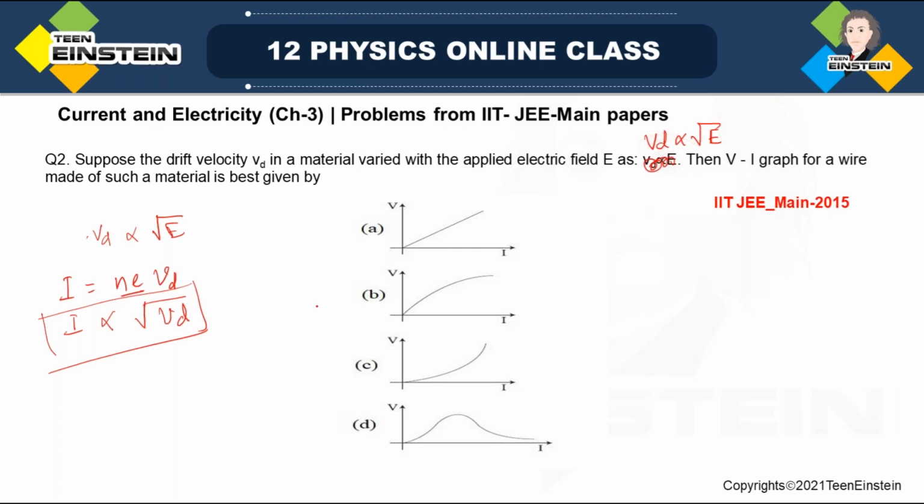Now, this variation is the VI curve. This drift velocity is varying as square root of E, and E and voltage will be varying similarly.